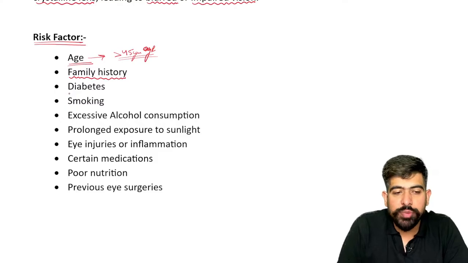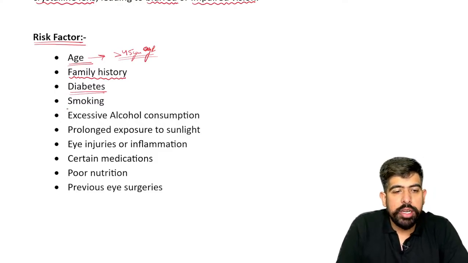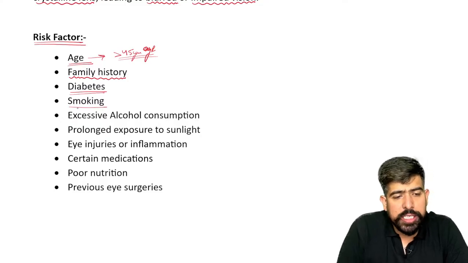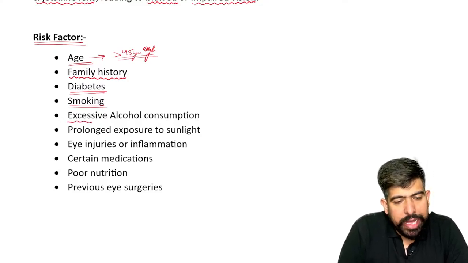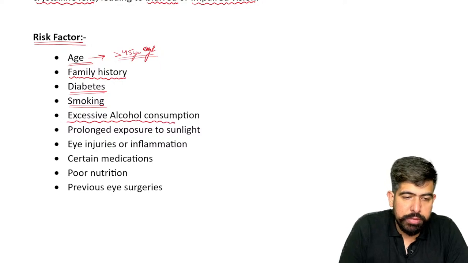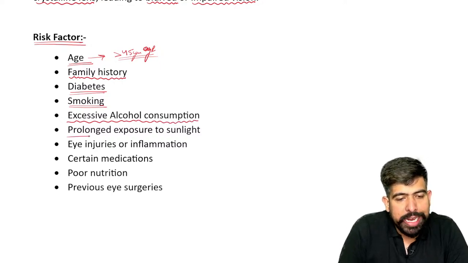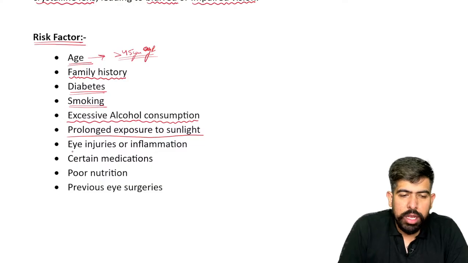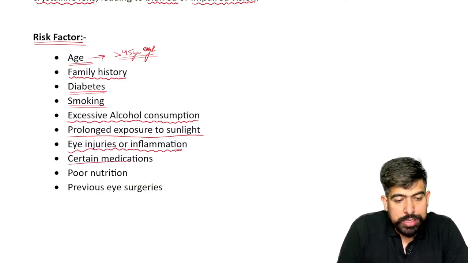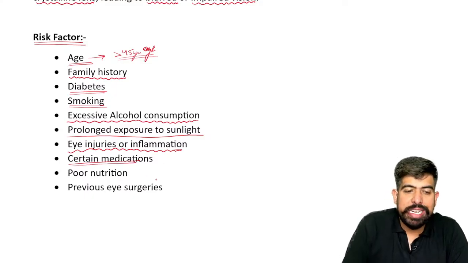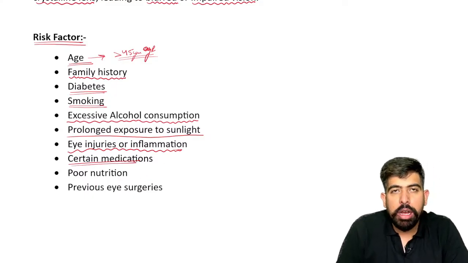With the family history, there are more risk factors like diabetes. If the patient is diabetic, they can get it earlier or more easily. Smoking, excessive alcohol consumption, prolonged exposure to sunlight, eye injuries and inflammations. Certain drugs lead to cataract, like steroids, which cause toxic cataract.